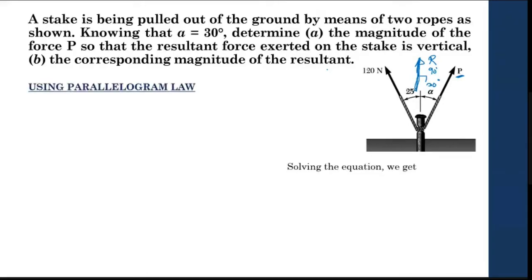Right, so let us solve by using the parallelogram law. You have these two forces, 120 Newton and F, the other force, which I don't know. The angle between these two is 25 plus 30, so totally 55 degree.